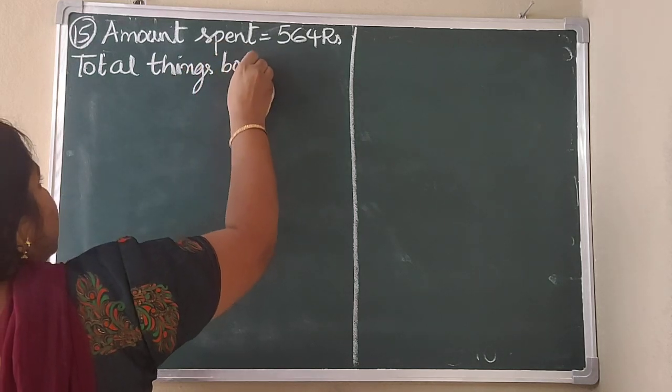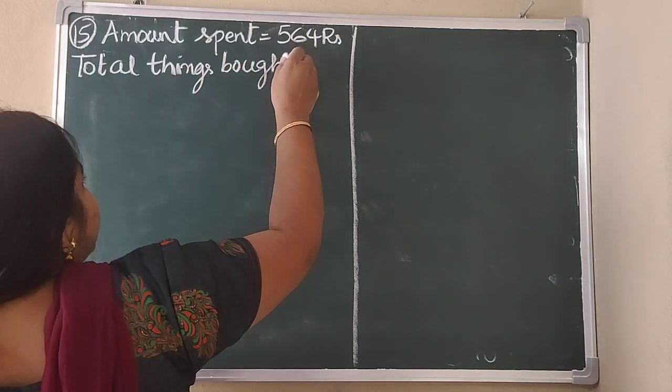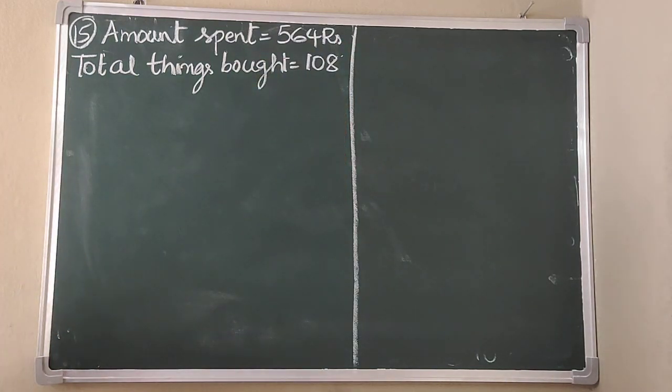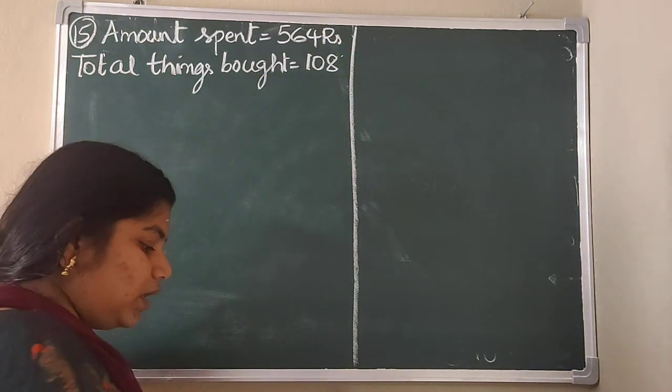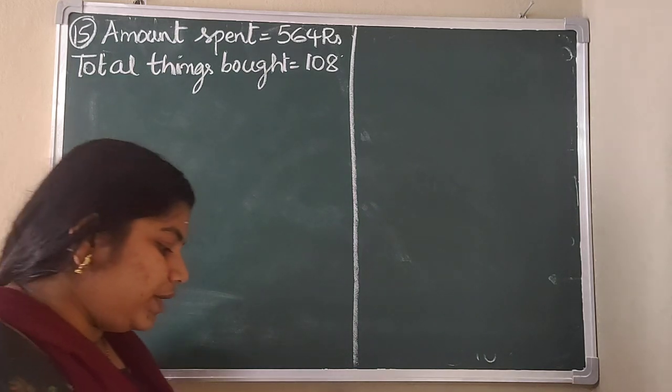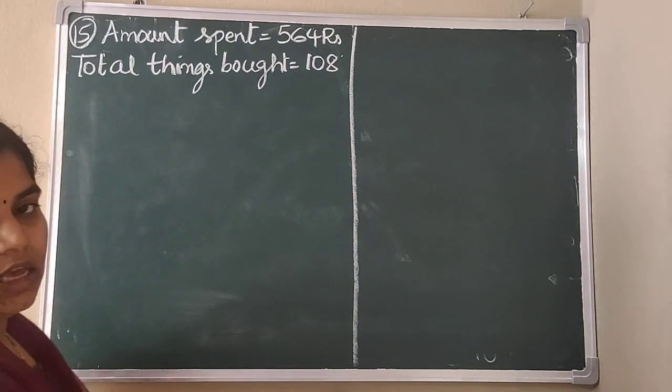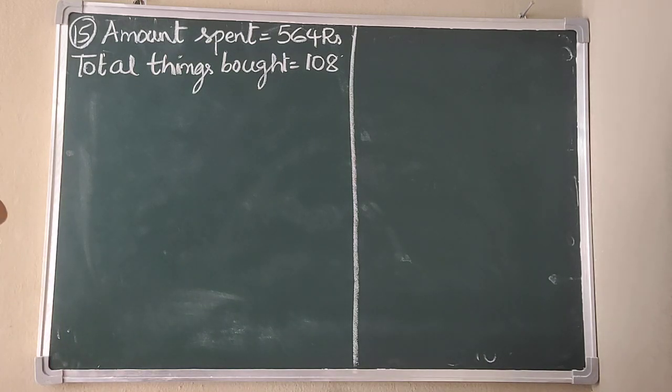In that, pens are there and also pencils are there, and the cost of one pen is 7 rupees and the cost of one pencil is 3 rupees. So how many pens he bought and how many pencils he bought, we don't know.